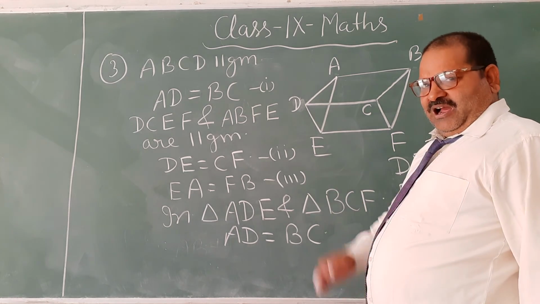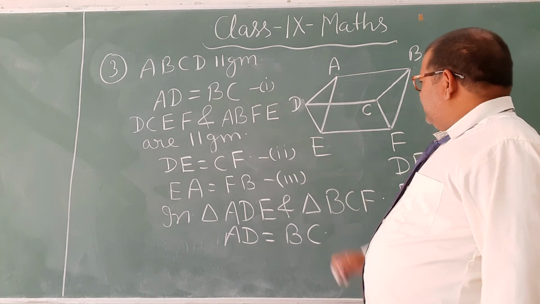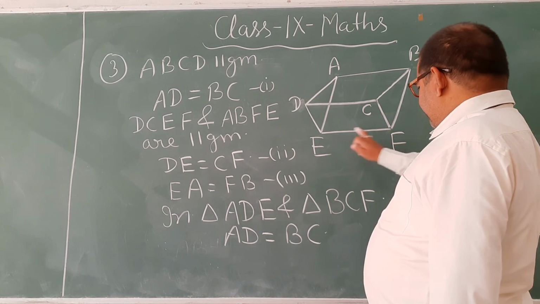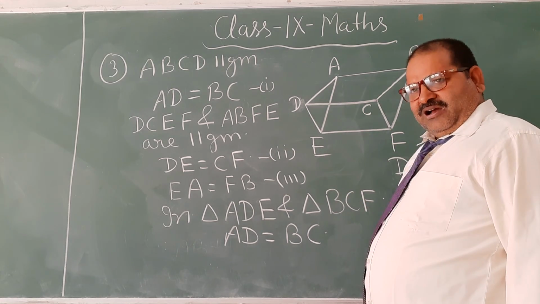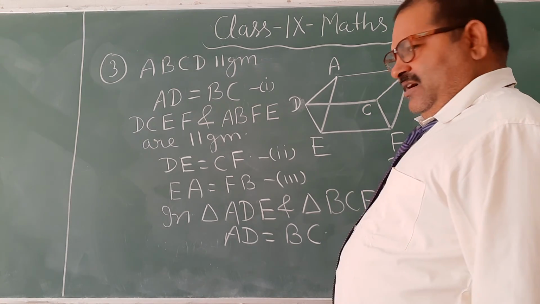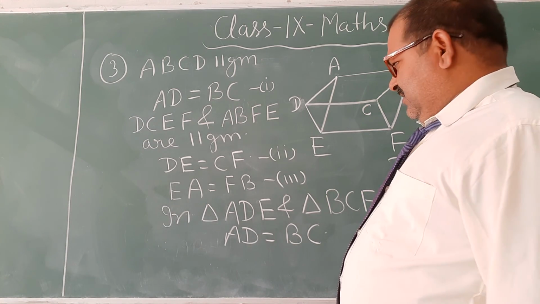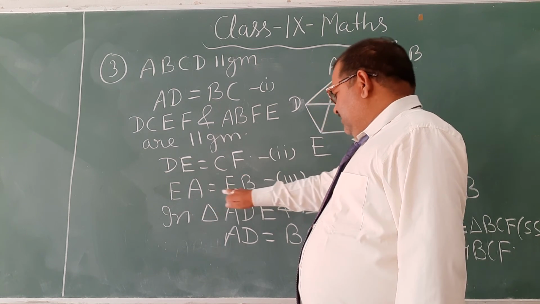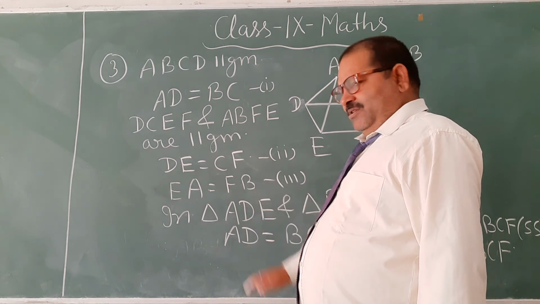DCFE and ABFE are also parallelograms, so their opposite sides are parallel and equal: DE equal to CF and EA equal to FB.